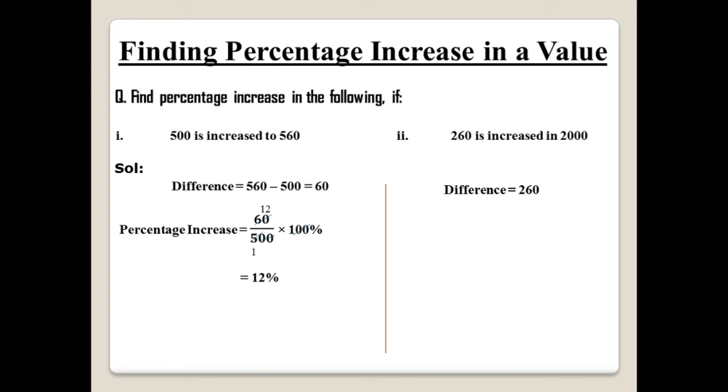Neither 260 is increased to 2000. So the percentage increase is 260 over 2000 multiplied by 100%. Cancel the zeros of 100 and 2000, then the 0 of 20 with 260, and then 2 ones are 2, 2 13s are 26, and the final answer is 13%.